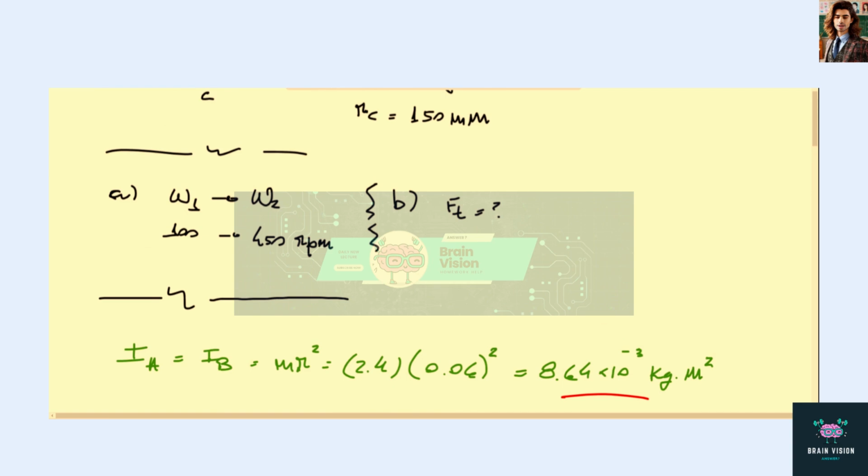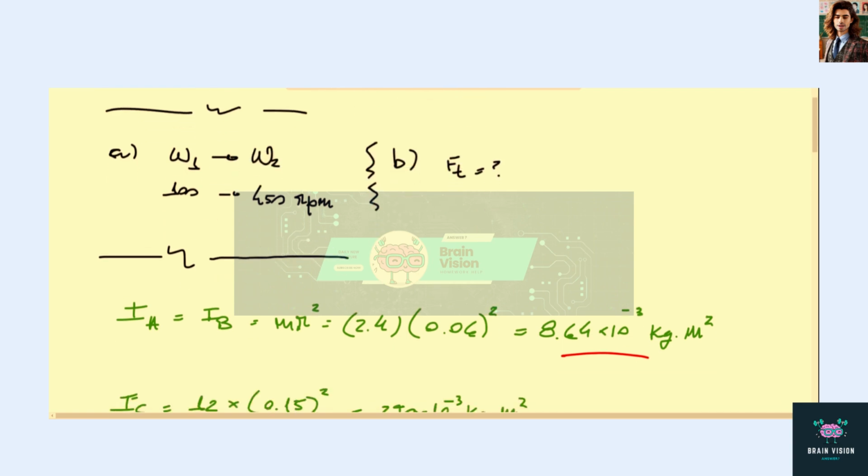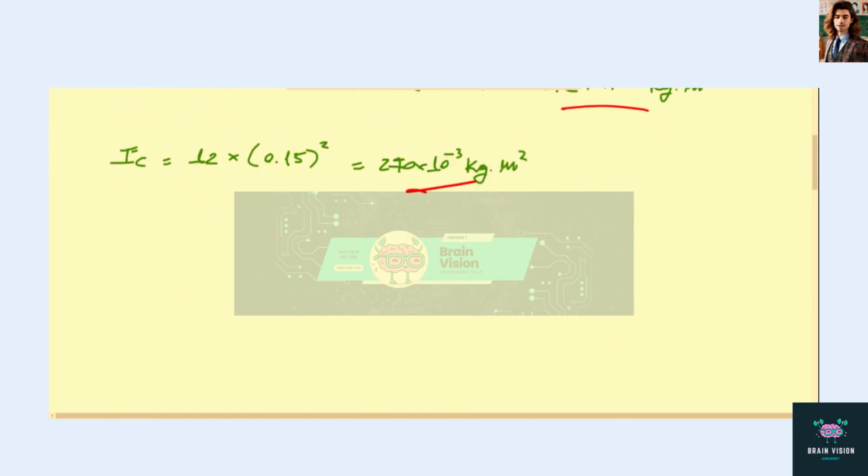But now, in order to calculate part A, we want to know the number of revolutions for the speed increase. And to calculate this, we must use the conservation of energy. Let's put here in black.